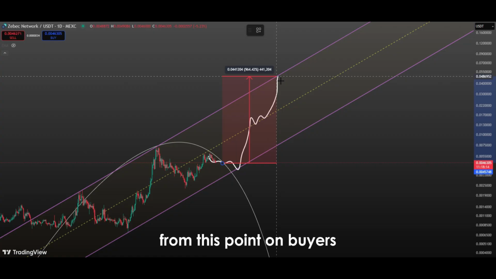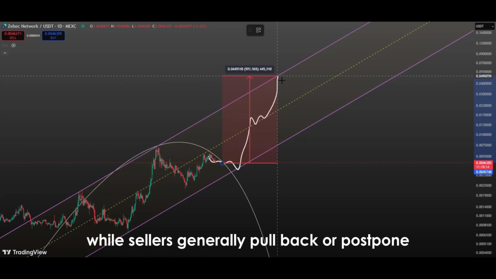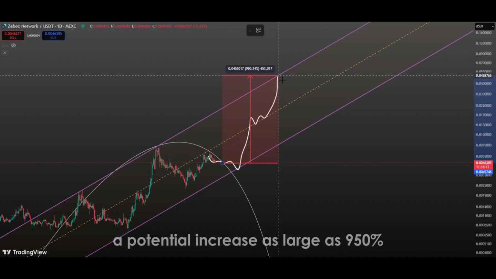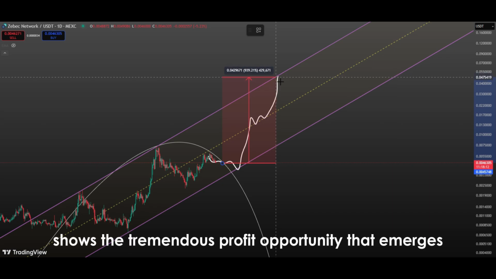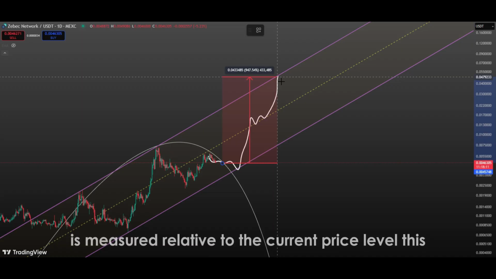From this point on, buyers tend to set their sights on the top of the channel, while sellers generally pull back or postpone profit-taking. A potential increase as large as 950% shows the tremendous profit opportunity that emerges when the distance from the midline to the upper band is measured relative to the current price level.